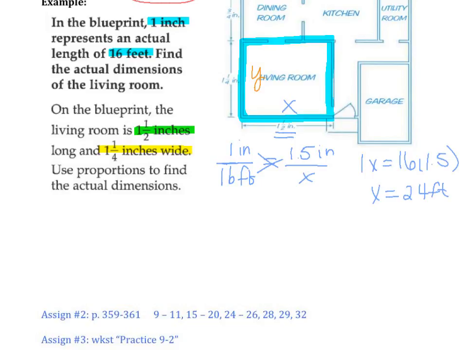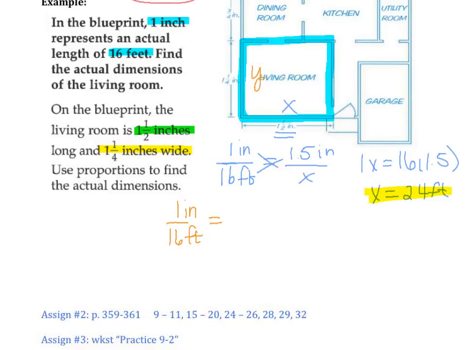Now that's our width then of our living room. Now we're going to work to find the length of the living room. So we're going to go ahead and use that 1 over 16 again. So again, that's 1 inch over 16 feet.